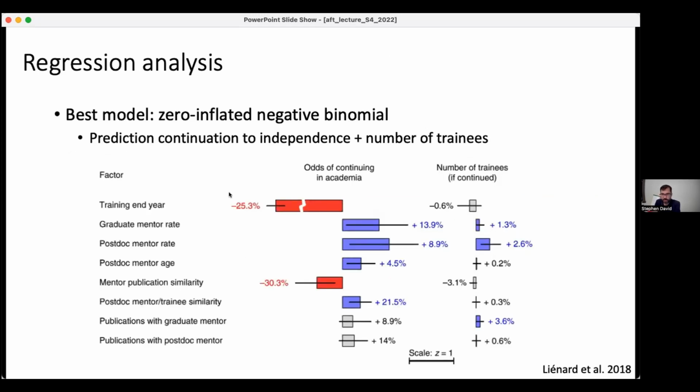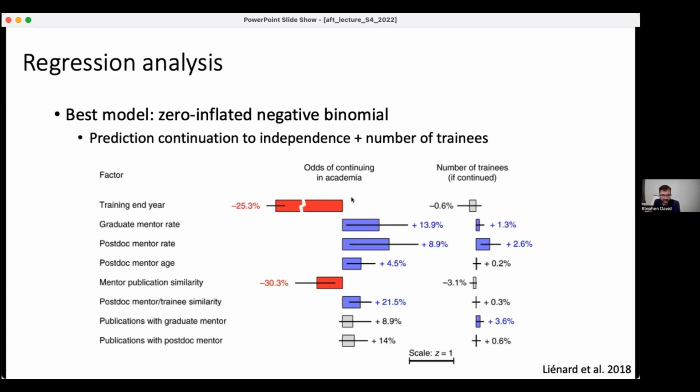And just to take a bunch of analysis and show you how you can distill it down, this left-hand column is showing the odds of continuing, so basically continue or not continue. And this is the impact on the number of trainees, if they continue, that the researcher will have in their independent career.